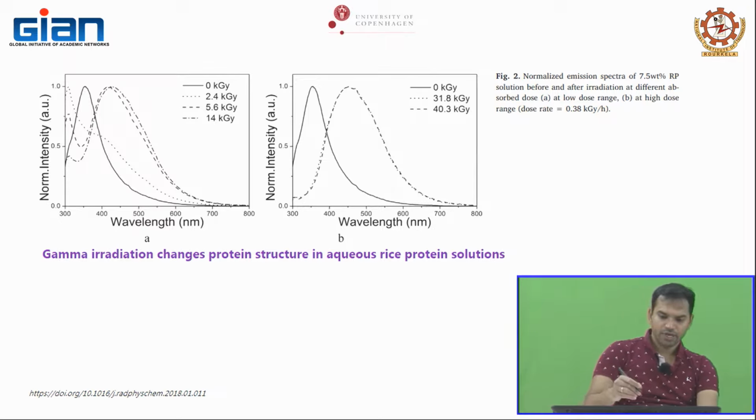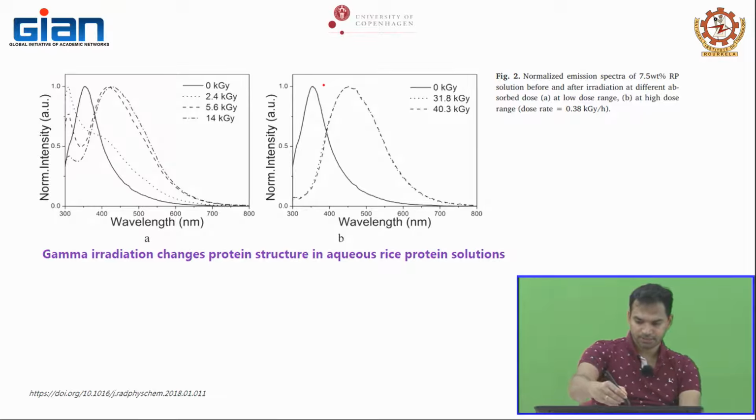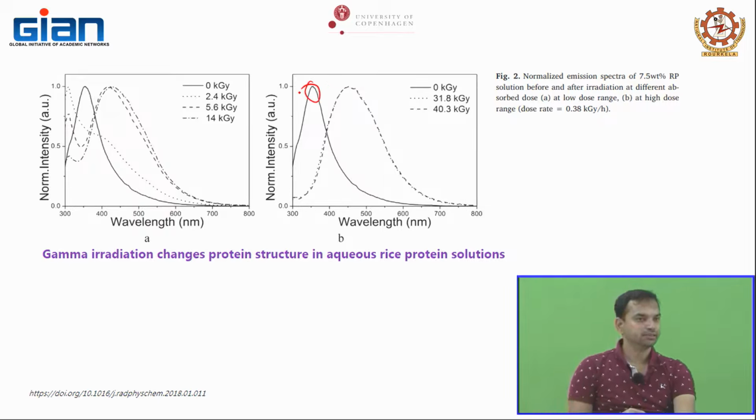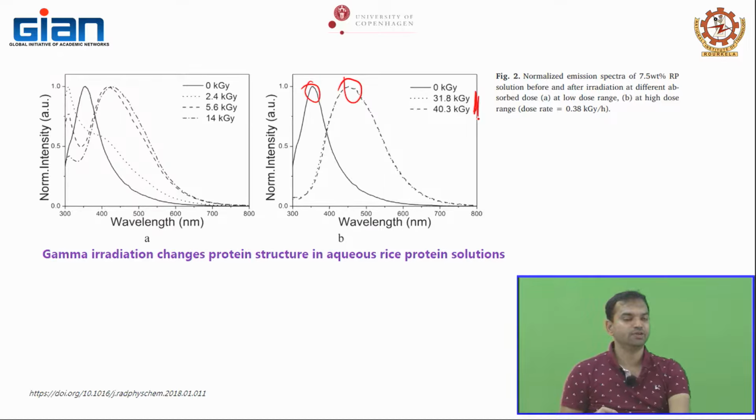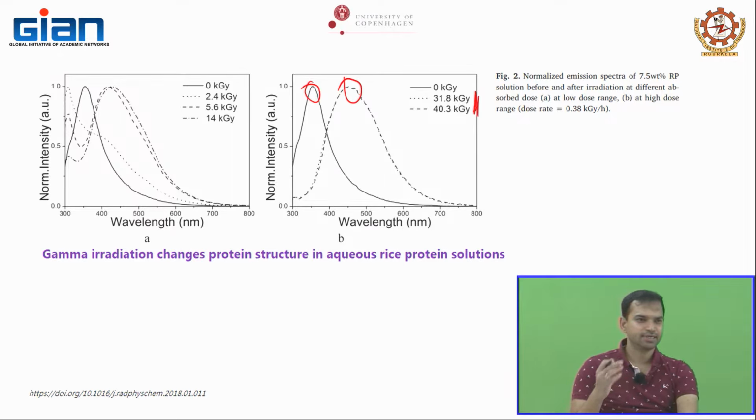You can see that this was the control, no irradiation, and this one is irradiation. They use different intensities of gamma irradiation. I think Gy is called gray, right? They measure it based on gray. It's a unit of irradiation, gray for gamma irradiation.